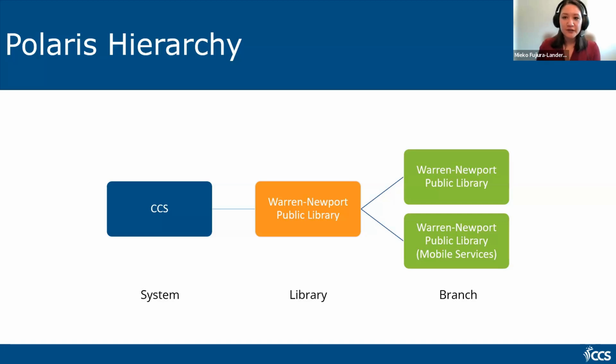And then the branch level are the actual physical locations. So for Warren Newport, that means you have two branches. You have the Warren Newport Public Library branch, which is your main building. And then you also have your mobile services branch. So you'll see these branch locations come into play when we do our Leap demo.